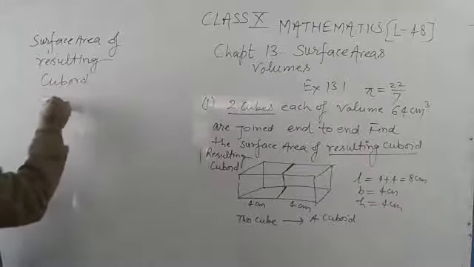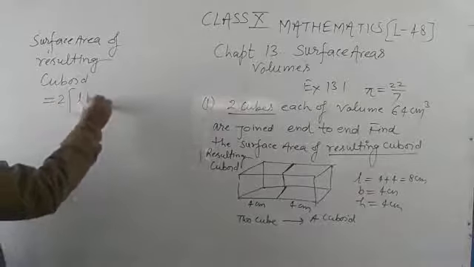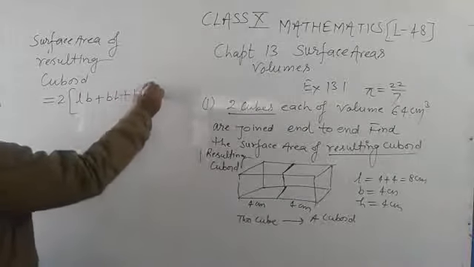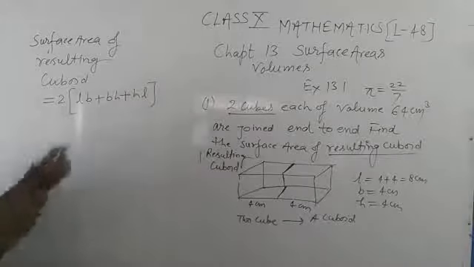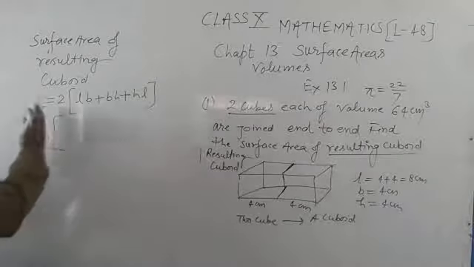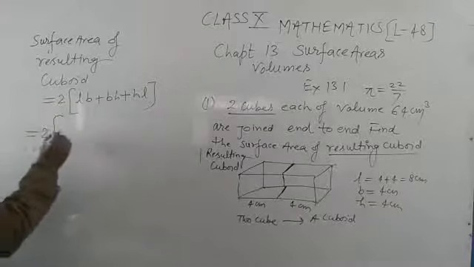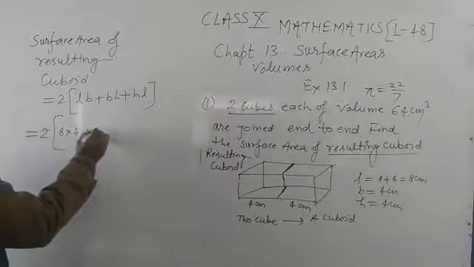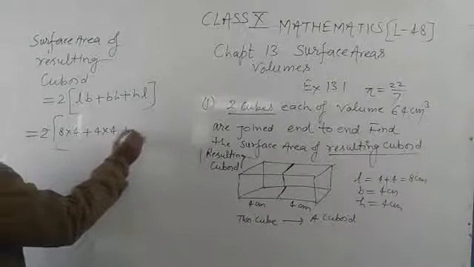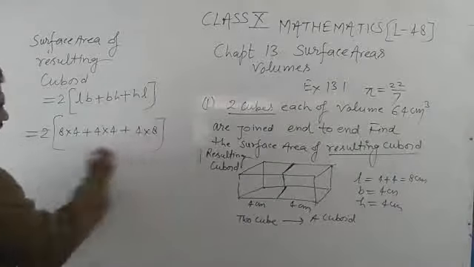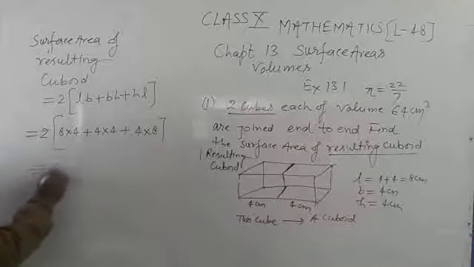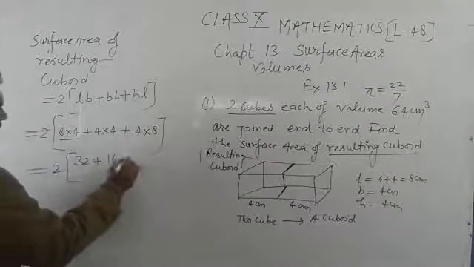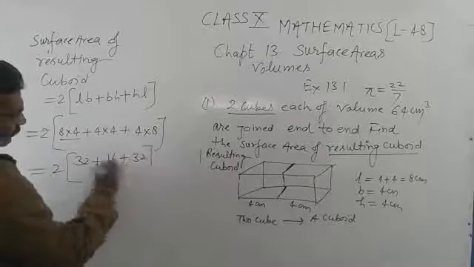and this becomes 2 bracket L into B plus B into H plus H into L, and putting the values, 2 into under bracket 8 into 4 plus 4 into 4 plus 4 into 8. Now students, we get 2 into 32 plus 16 plus 32.